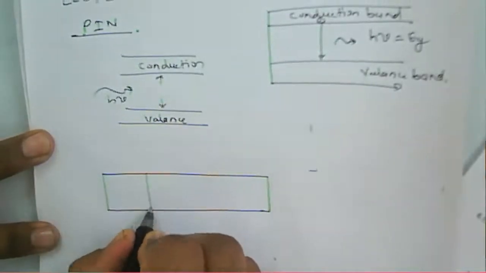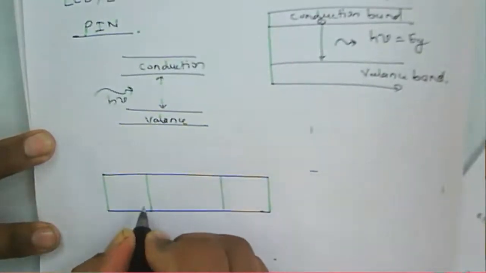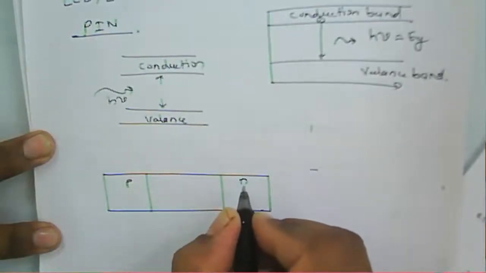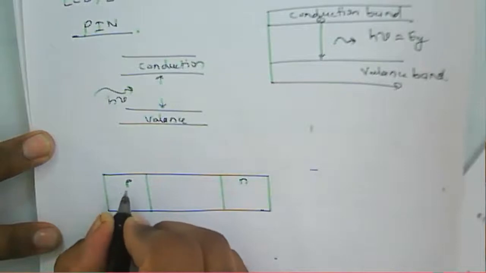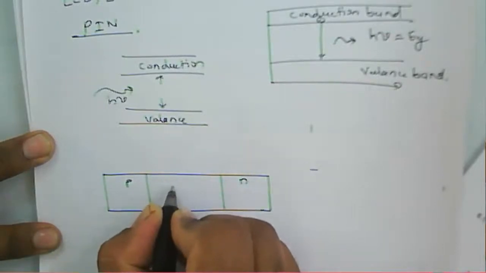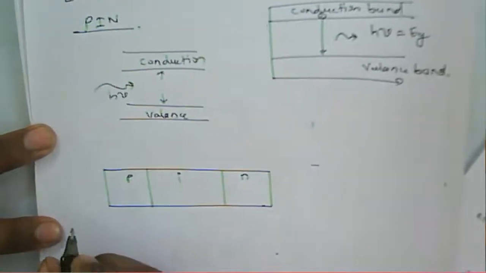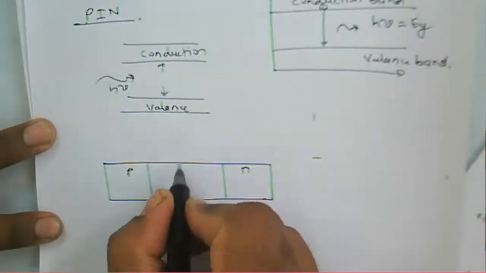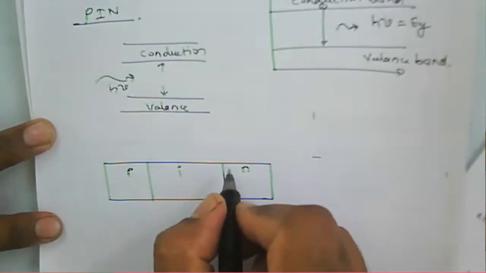In between the P and N region, it has a lightly doped intrinsic region, that is the I, which is an N type lightly doped intrinsic region.